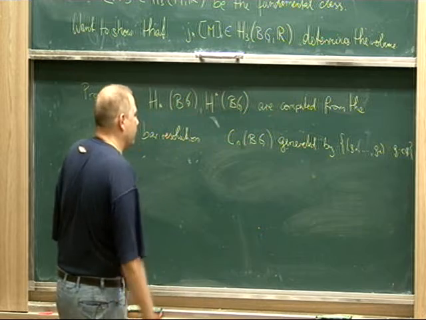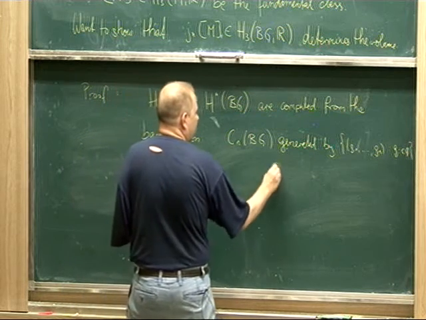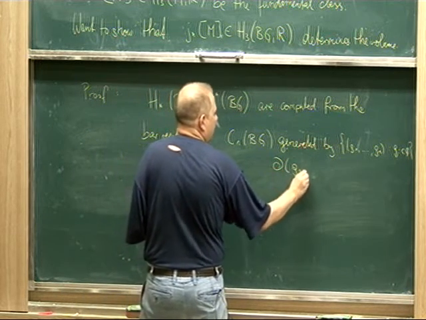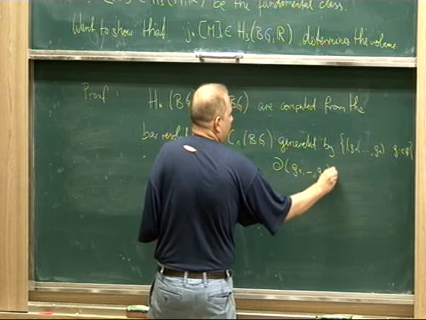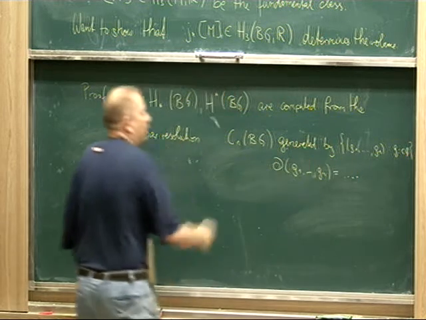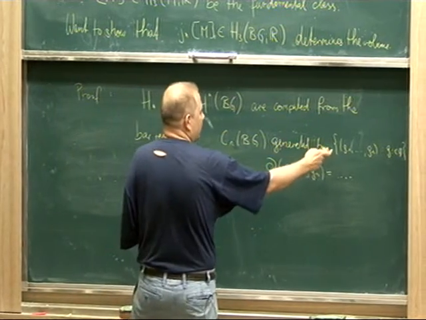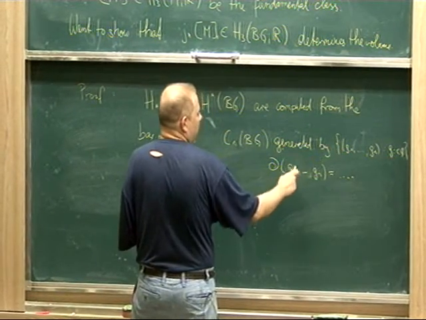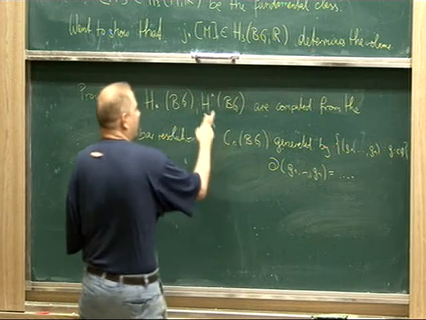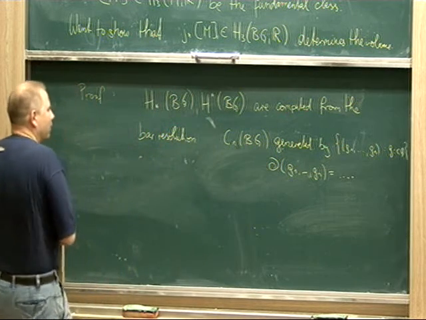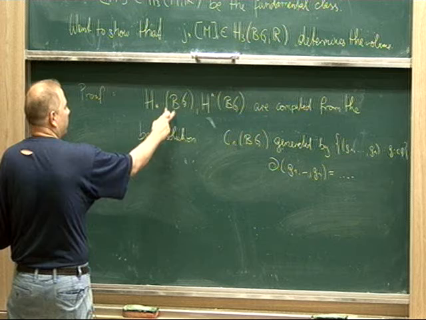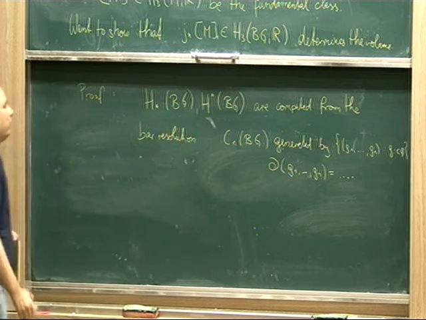There is a certain boundary operator, and this complex, by definition, is the group homology, or if you take the dual, gives you the group cohomology.